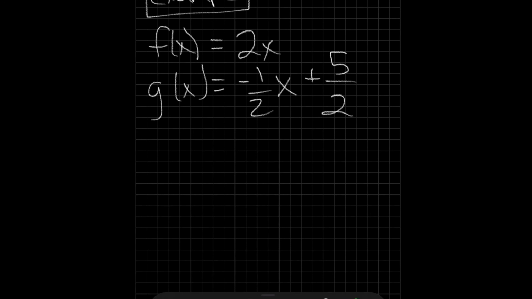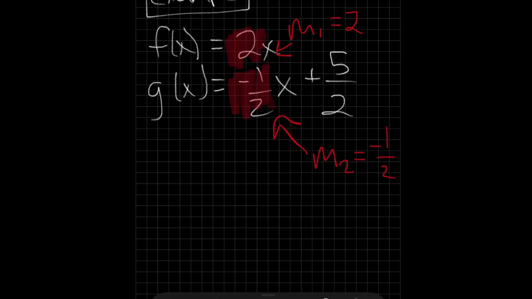Take a look here at our slopes. I'm going to highlight those in red. We have a slope here of 2 and a slope here of -1/2. So here's what's meant by negative reciprocal. Let's call the slope of f m1 = 2, and let's call the slope of g m2 = -1/2.